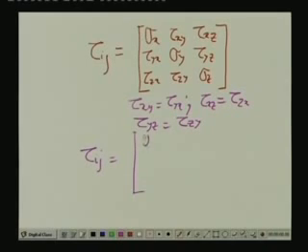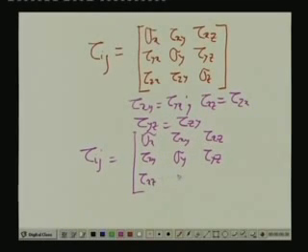sigma x, tau x y, tau x z; y x and x y being the same, let me write this as tau x y, sigma y and tau y z; z x and x z being the same, we write this as tau x z, tau y z and sigma z.